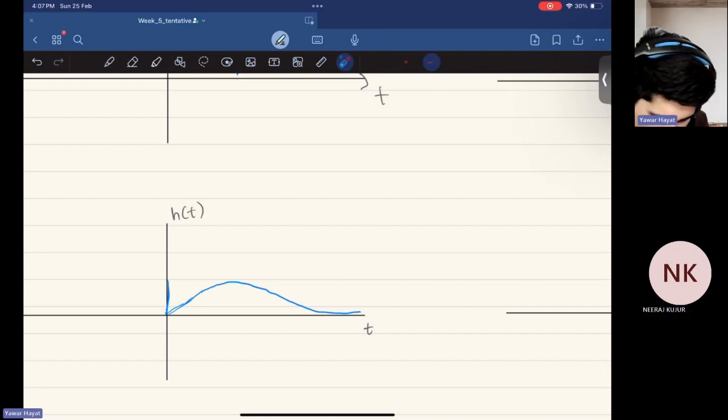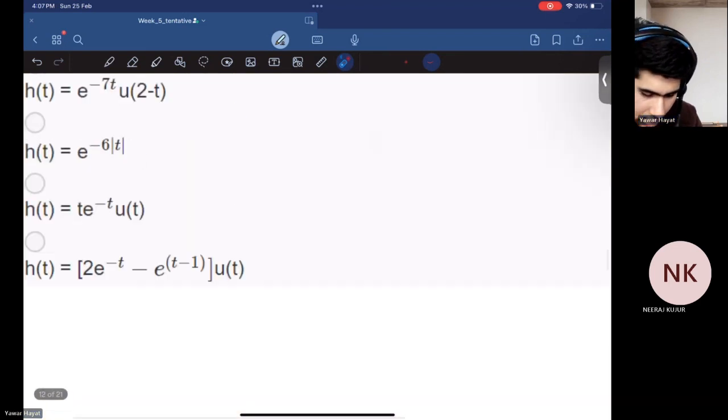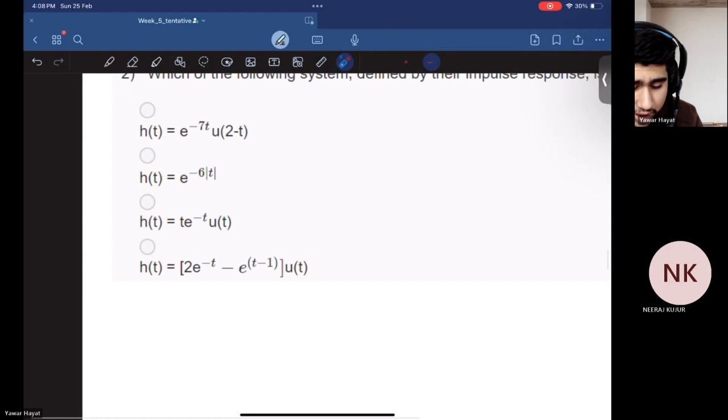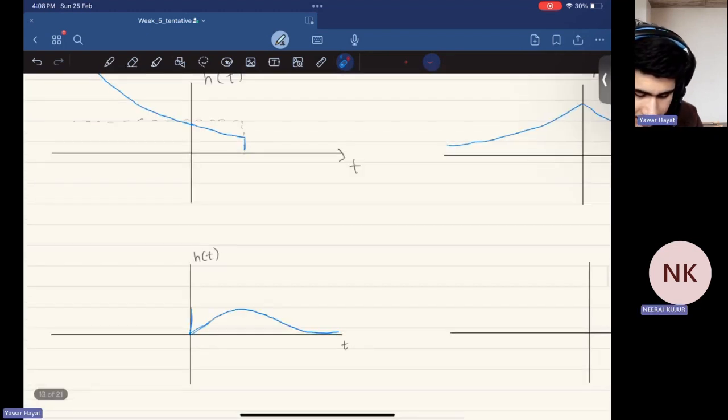One thing we are sure of is there won't be any signal for t less than 0, because this is multiplied by the unit step u of t. So is this a causal system? Yes, sir. Is it a stable system? It is stable, right?